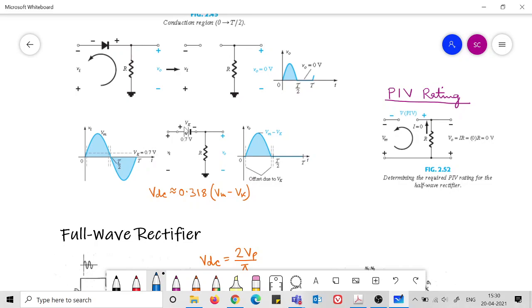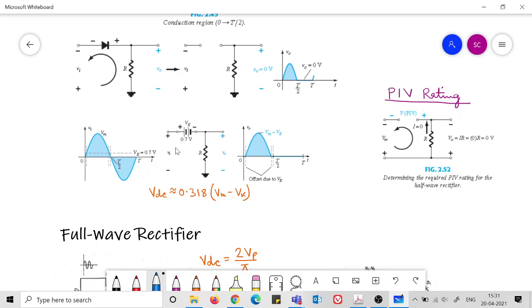Please take note of the positive and negative sides. When the diode is like this, the knee voltage is positive on this side and negative on this side, so it is trying to oppose the forward bias. Please remember this: the direction of the knee voltage is trying to oppose the forward bias. So its direction you can decide now.